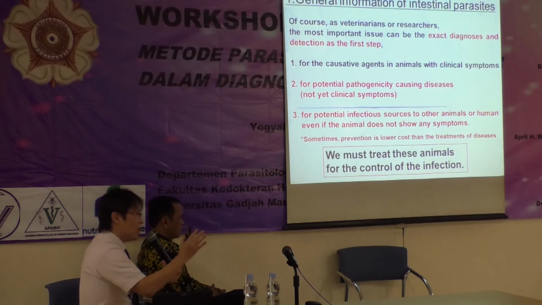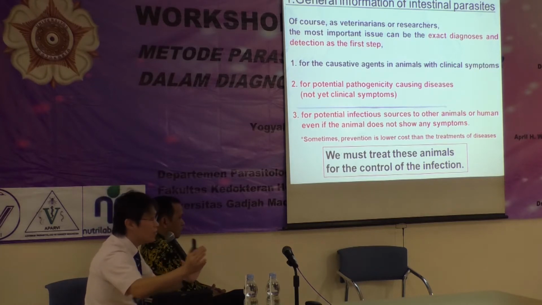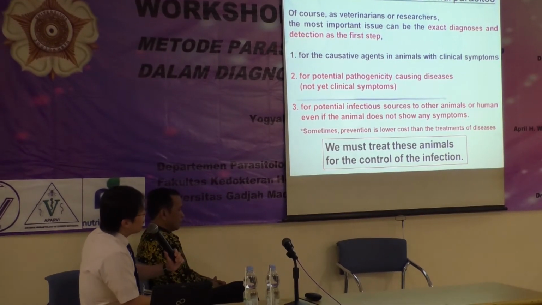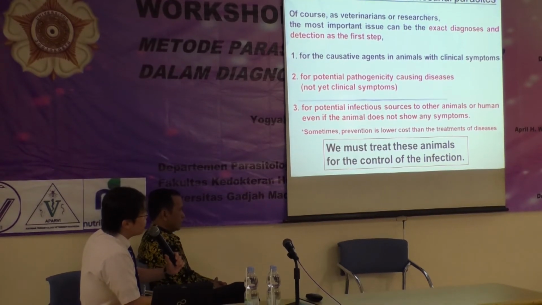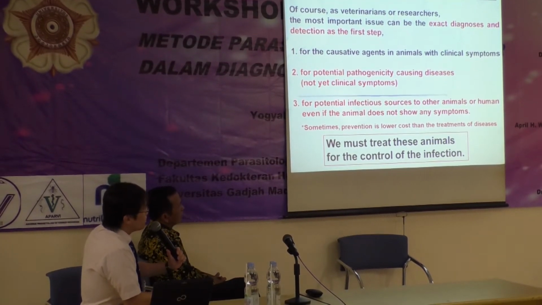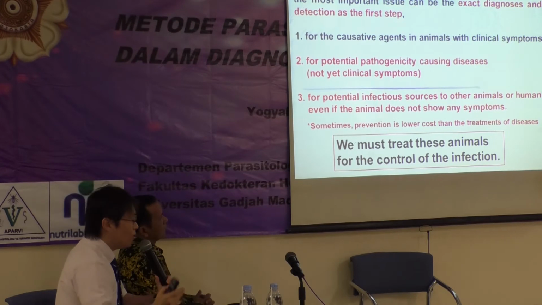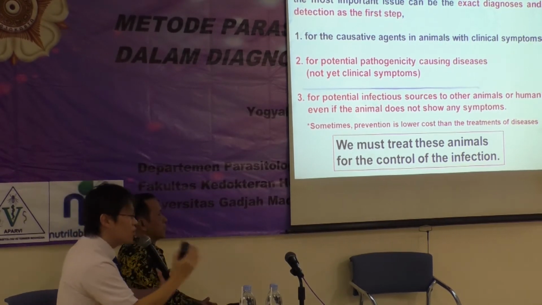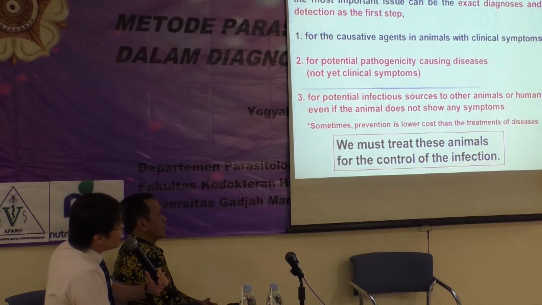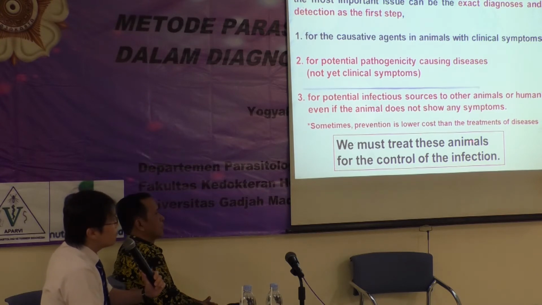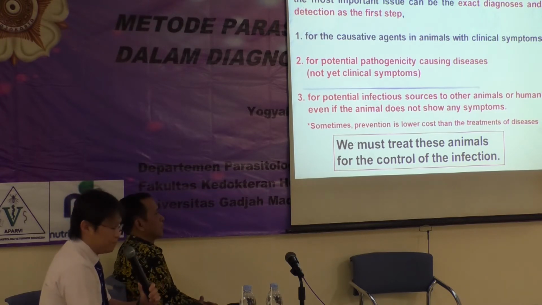Infected animals can spread the parasite to other animals or humans even if they do not show any symptom. After clinical symptoms appear, of course we must treat the animals, but sometimes prevention is very important because it costs less than treating the disease. So we must treat these animals for control of the infection.